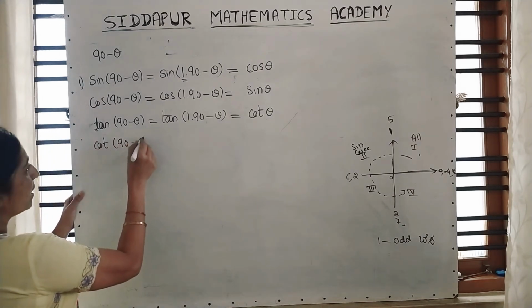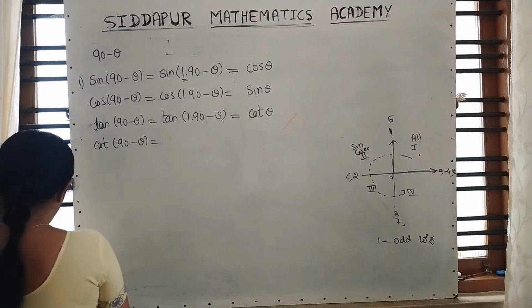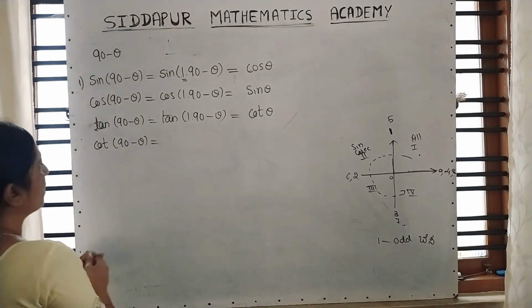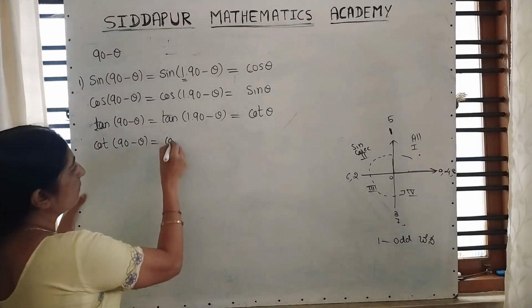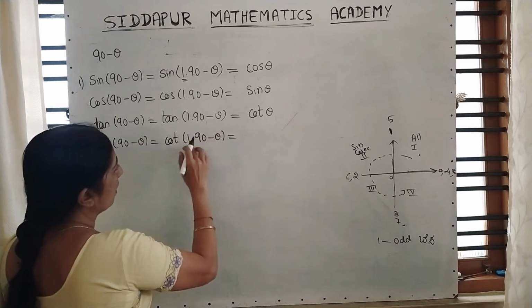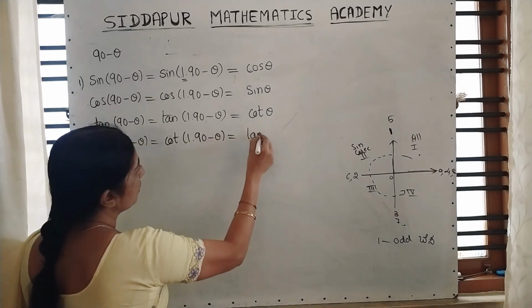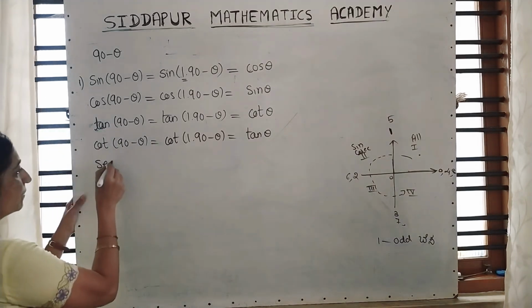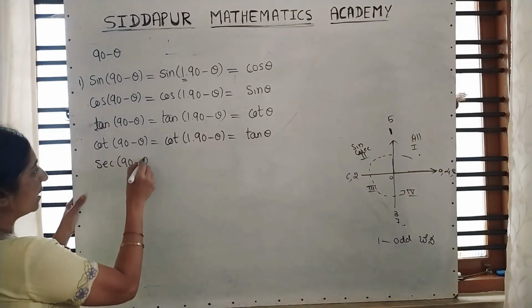Cot of 90 minus theta. Yes students, are you writing along with me? How do you write cot of 90 minus theta? Cot of 1 into 90 minus theta. 1 is odd, cot changes to tan. It also comes in the first quadrant. Sec of 90 minus theta.